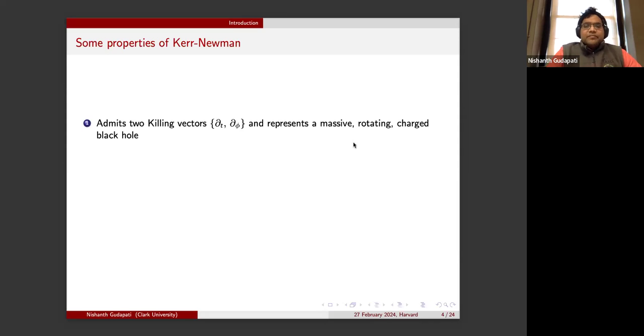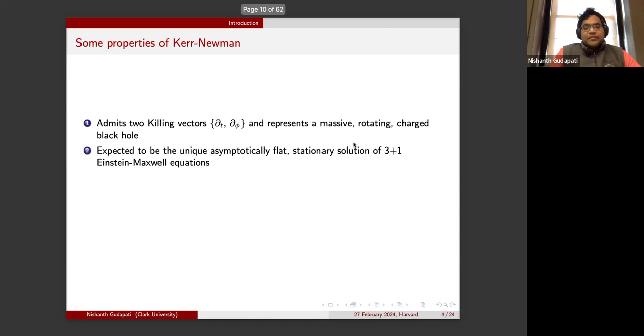It admits a ∂t Killing field. I hesitate to call that a time-like Killing field because it's not always time-like, and that's the source of the main problem for us as far as the stability problem is concerned. So it has a ∂t Killing field, and it's also axially symmetric. It has a ∂φ Killing field, and it represents massive rotating charged black hole spacetimes.